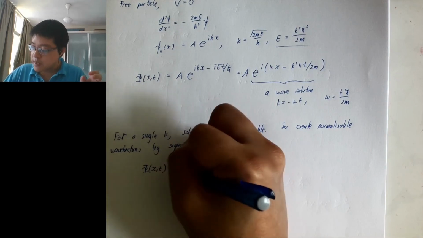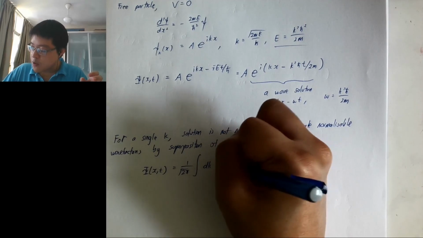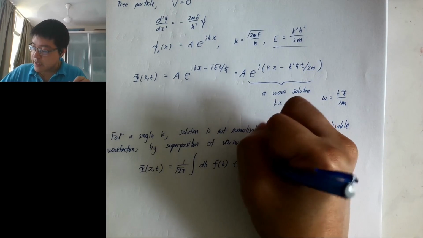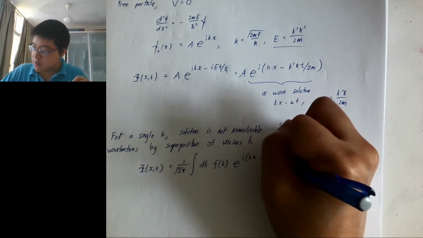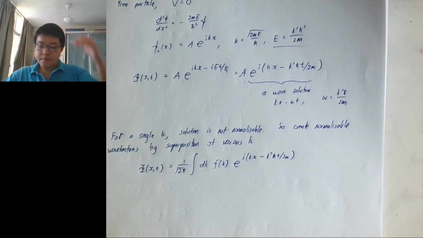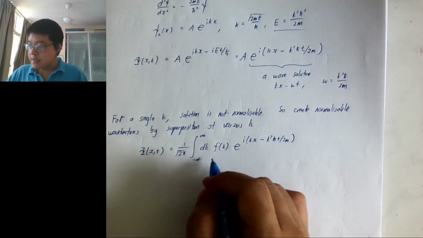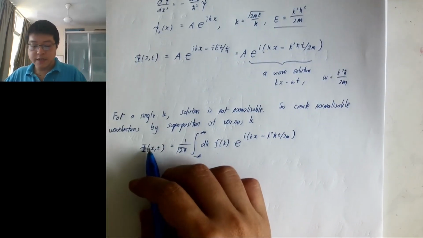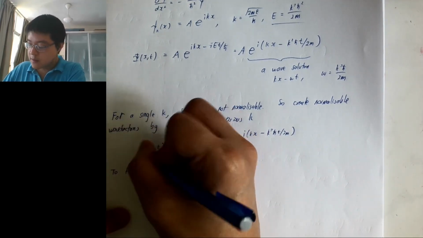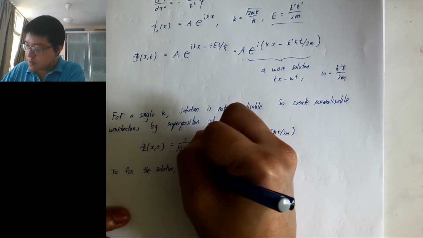Therefore, you integrate with respect to k, with some coefficients depending on k, and then e to the i(kx minus k squared h bar t over 2m). So I superpose different k into our solutions. And then this f(k) depends on the initial condition.